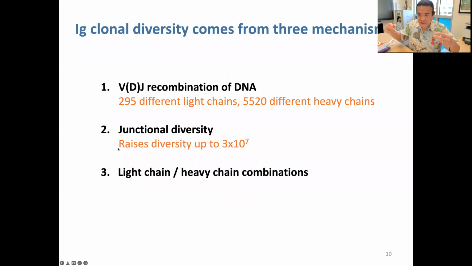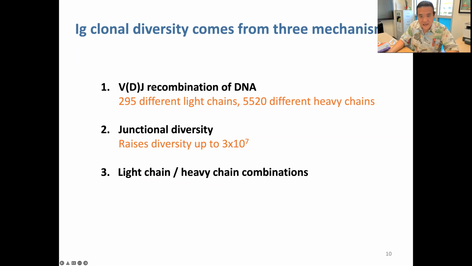So once you take into consideration the nature of these random DNA bases that are added to mend or reattach the rope, that bumps up the number of possible sequences to 3 times 10 to the 7, right? So that's building upon the number of variations you get just from VDJ recombination alone, right? And then the last one actually is probably the easiest to understand, because if this VJ recombination is happening in light chains and the VDJ recombination is happening at the heavy chain loci, right?